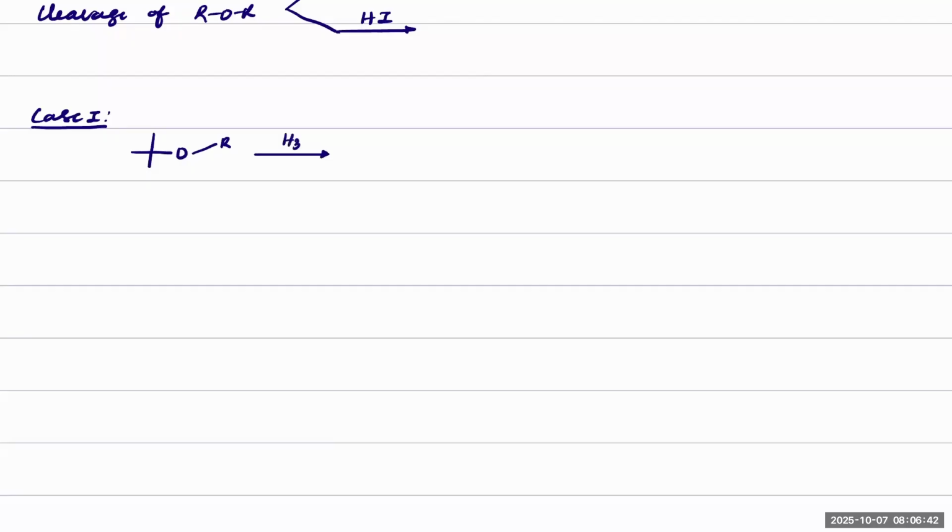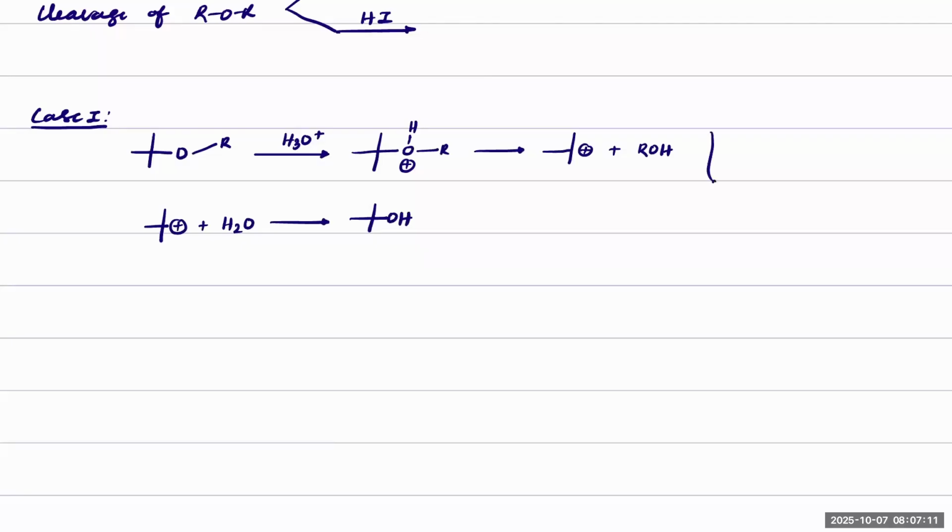Irrespective of whatever the R group is, you will notice that first protonation will take place and it will convert into a carbocation plus alcohol here. And this carbocation is going to further react with water and then convert back into alcohol. So what type of mechanism is favorable? SN1.